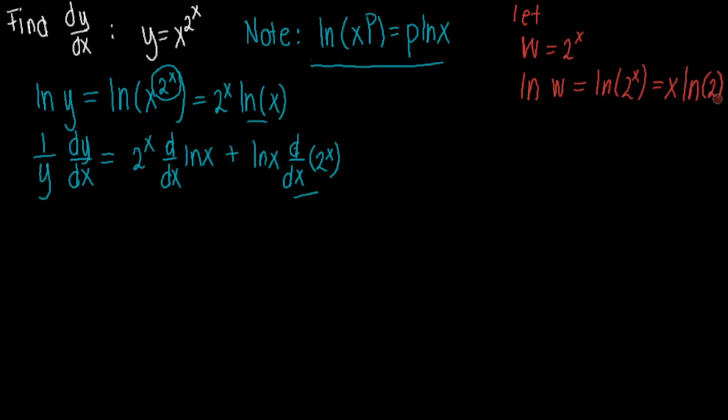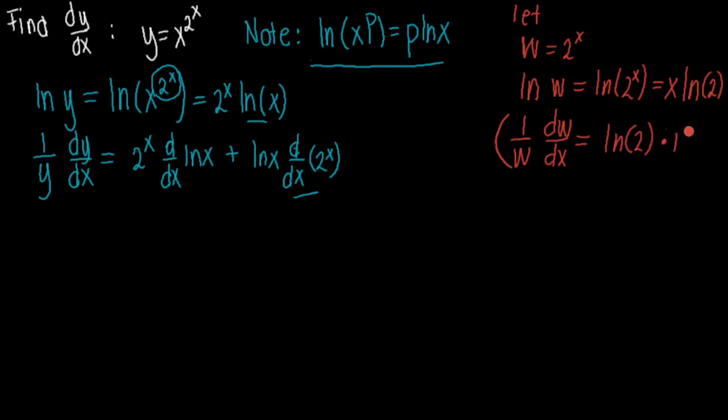Now, taking the derivative with respect to x by implicit differentiation, we have 1 over w times dw over dx is equal to the derivative of the right hand side, which is just the constant ln of 2 because the derivative of x is just 1.